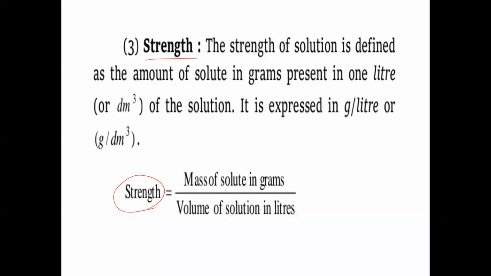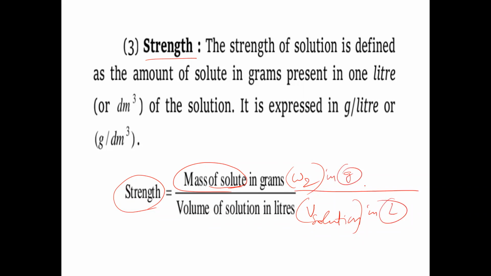Next, strength of the solution. Strength of the solution is given by mass of solute in grams divided by volume of solution in liters. Solute means W2, not W1. So we take W2 in grams and volume of solution in liters.